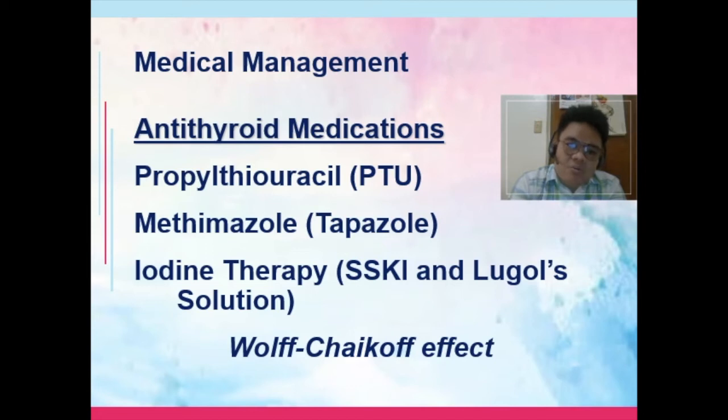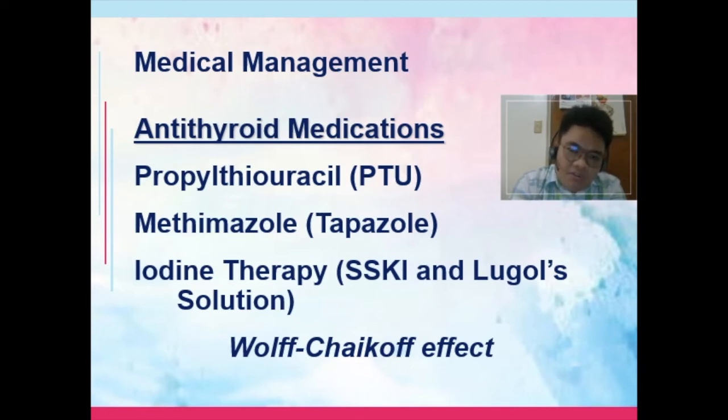So class, in your Wolff-Chaikoff effect, it is an autoregulatory phenomenon wherein a large amount of the iodine would acutely inhibit or stop the thyroid hormone synthesis regardless of the level of the thyroid stimulating hormone. Hey class, it's wise for you to know that the follicular cells in the thyroid gland are the ones producing your thyroid hormones.